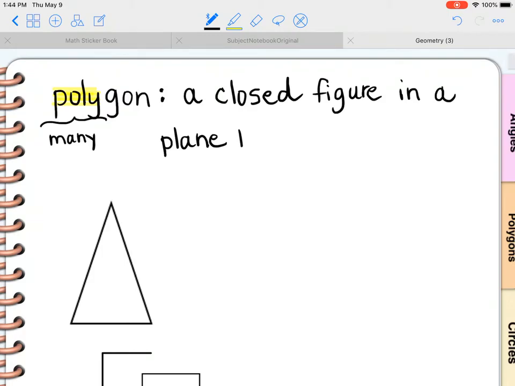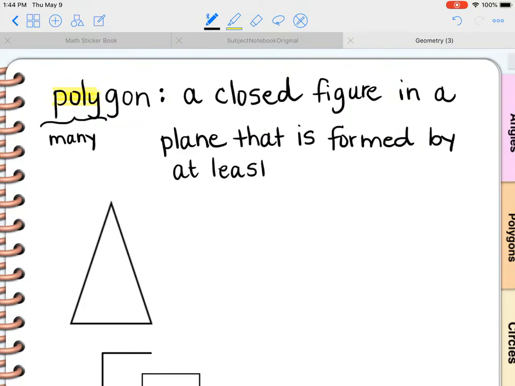Formed, or that is formed, and it would help if I could spell. I can't talk and write at the same time, so by at least 3 sides. And that part's pretty self-explanatory.